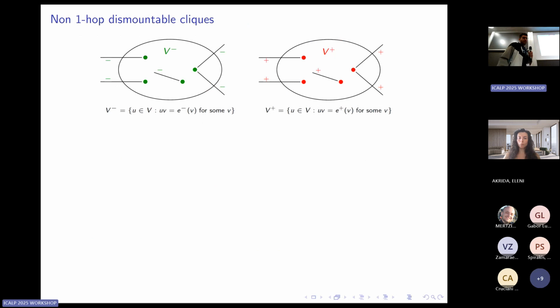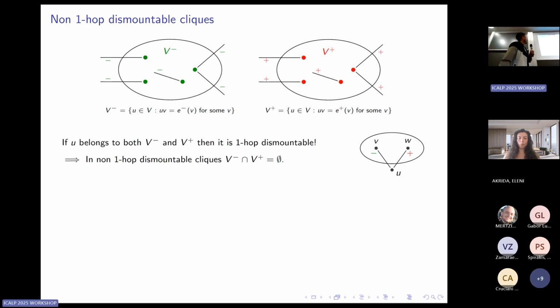So let me start from the definition of two sets. I will call V minus the set of all the vertices that receive the minimum edge of someone else, and V plus the set of the vertices that receive the maximum edge of someone else.